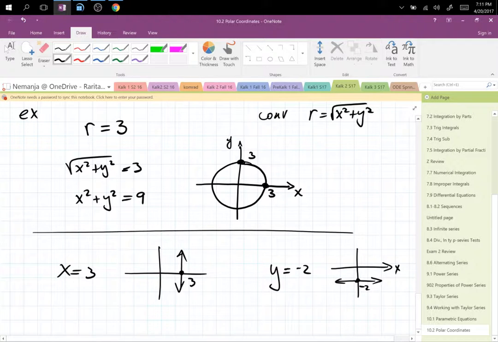When you look at x equals 3, it goes through x-axis 3. Realize that y is not in that equation at all. y can be any value. It's not restricted by the equation, which is the reason why y takes all of the points from negative infinity to positive infinity, and it's a vertical line through 3. So we are able to express the entire line through x equals 3.